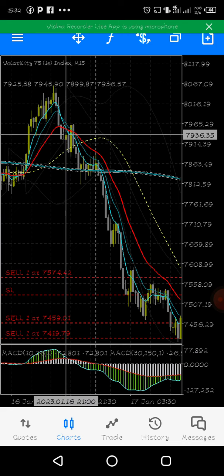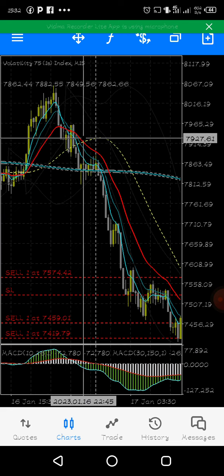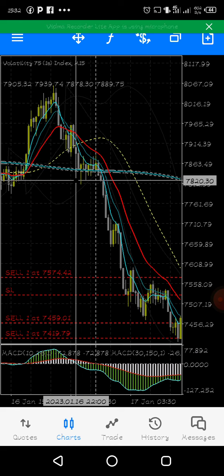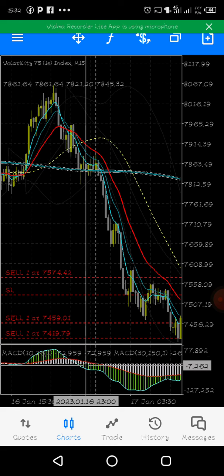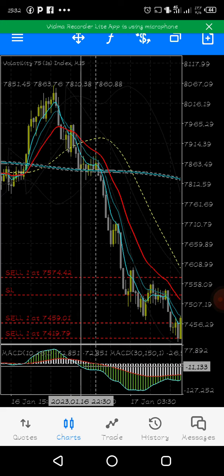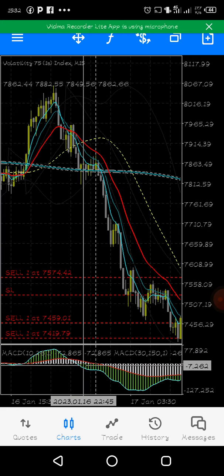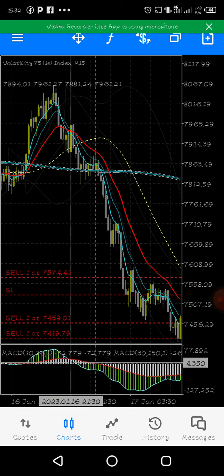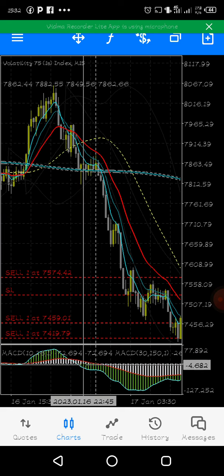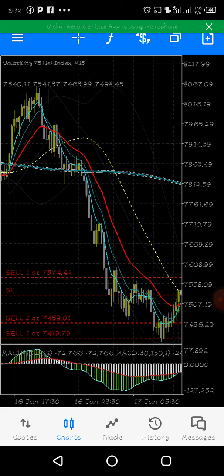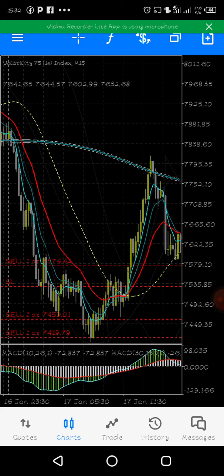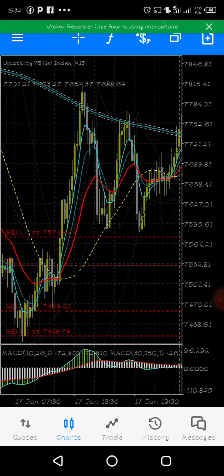If I would enter, I would enter here. But if I want to confirm my entry, I'm coming down straight to my MACD. As soon as the green pops out of this white, then I can have my sell trade. Boom. It's a very consistent, commendable, great, and workable setup.